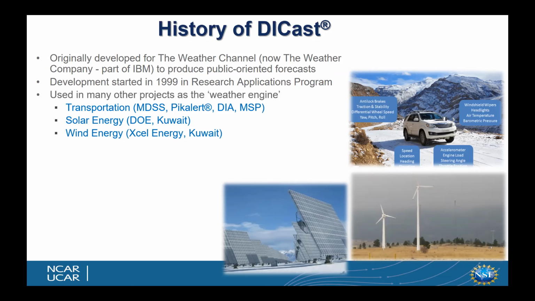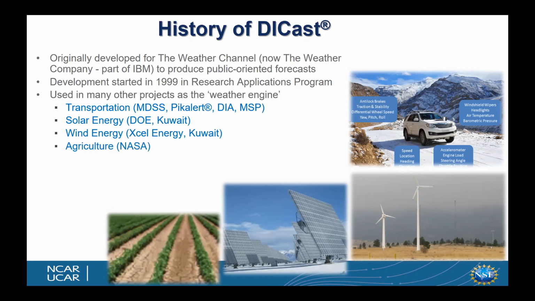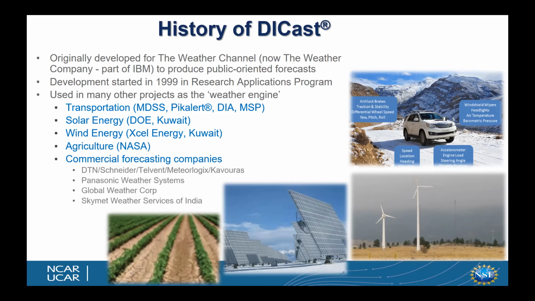I'll talk more in detail about these two applications, as well as precision agriculture. There are various commercial forecasting companies using DICast as their engine, and when they enter forecasting contests, typically the companies with DICast do quite well, even though it now is a 20-year-old system.